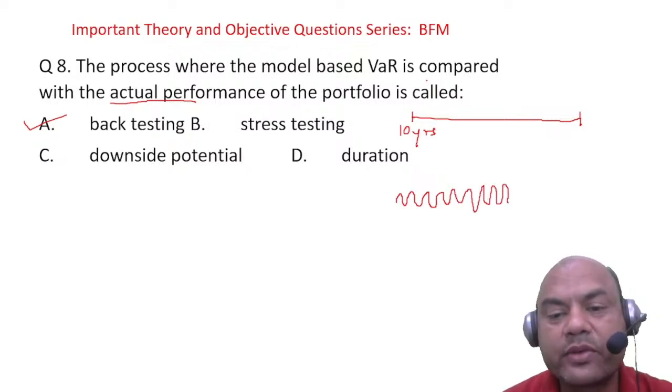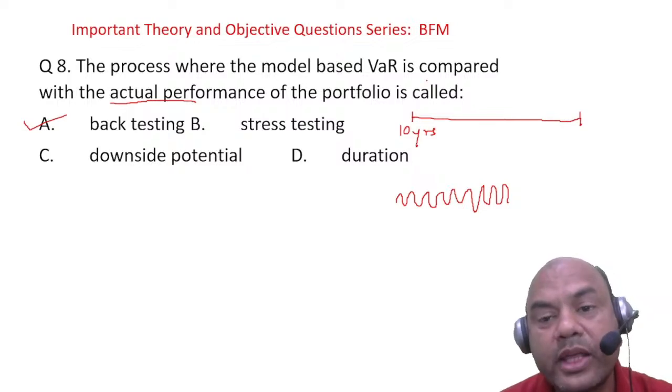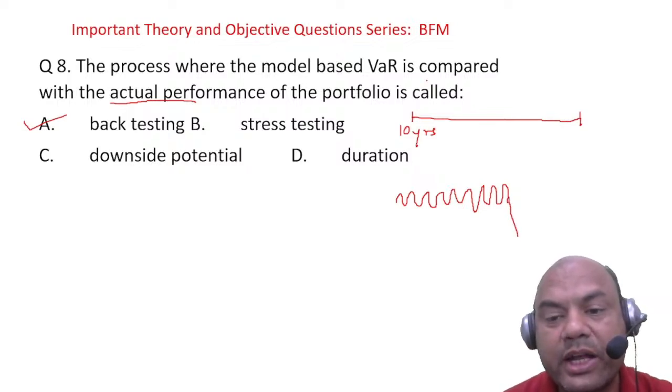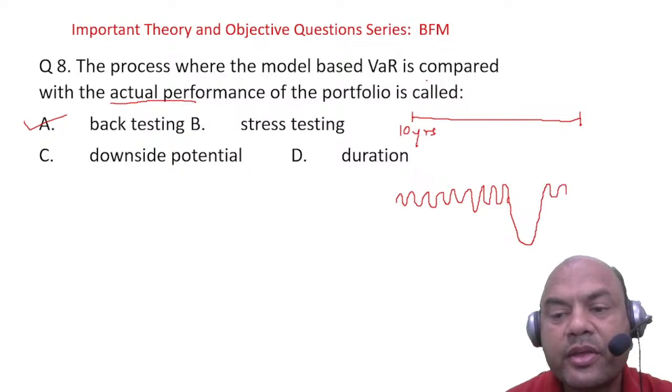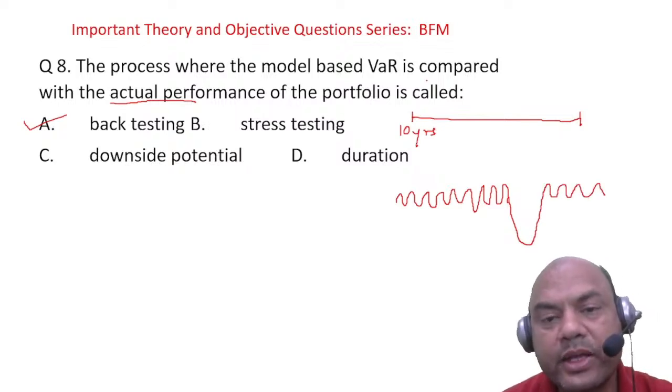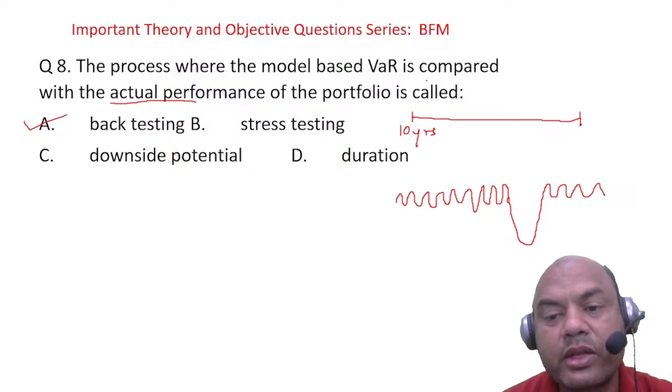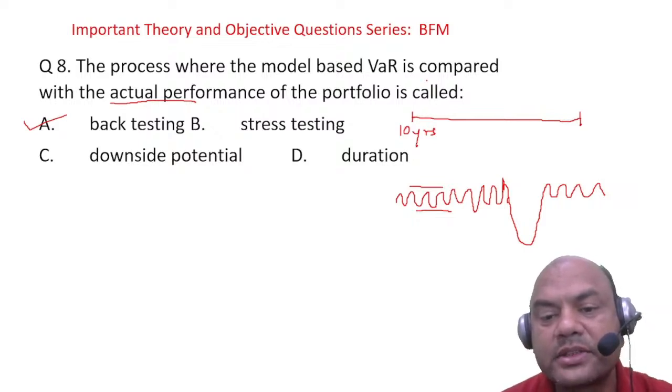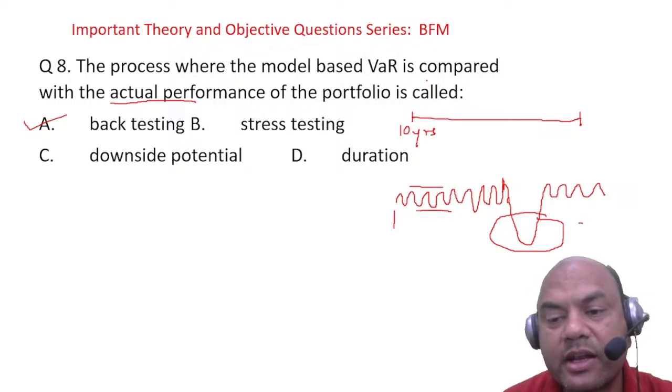There was not a major fluctuation, but COVID came, and this fluctuation went down like this. If I would have been over here, I would have thought nothing can come like this. I'll just consider this much VAR. So my historical calculations or backtesting was comparing the actual performance over these last 10 years. But what happened? This is the example of stress testing, stress.